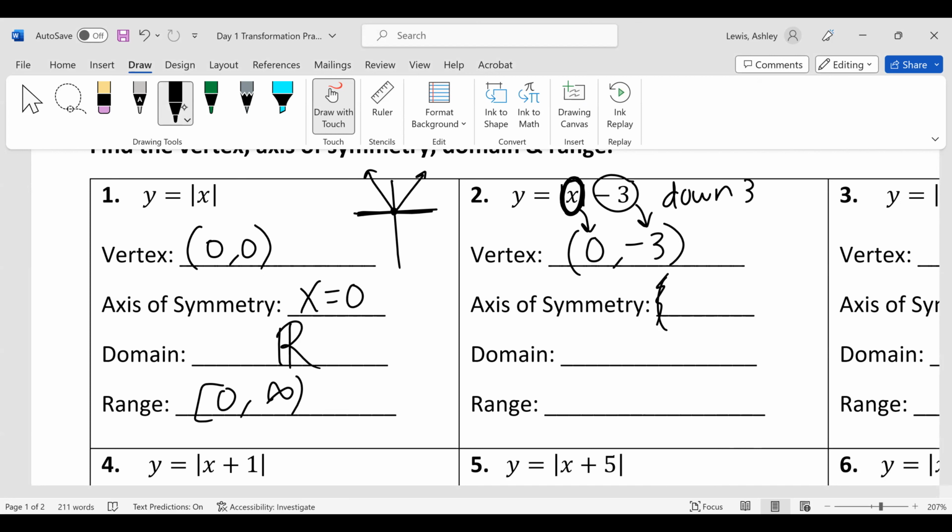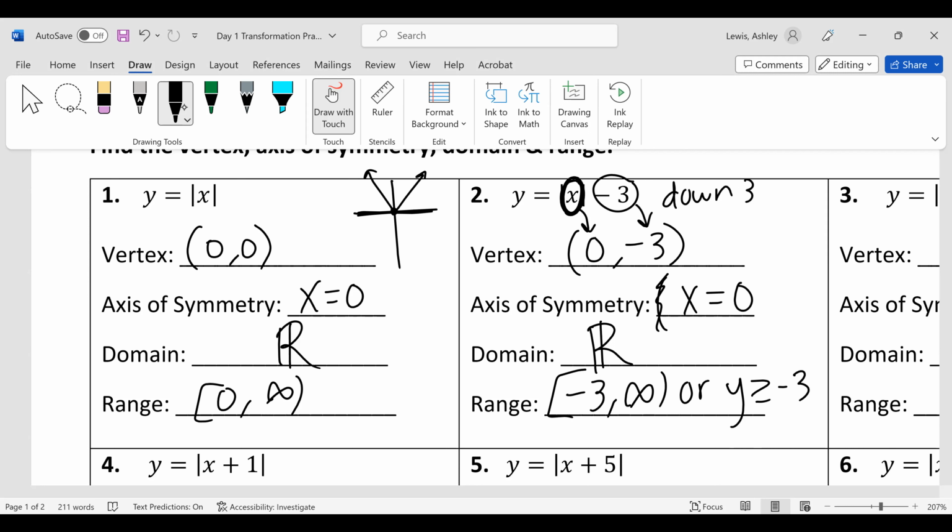So this is just x equals 0. Your domain is the same for all of these, all real numbers. Now, your range, it went down 3, so my range will be negative 3, and this is facing up, so it'll go off to infinity. You can also write it like this. Y is going to be greater than or equal to negative 3.